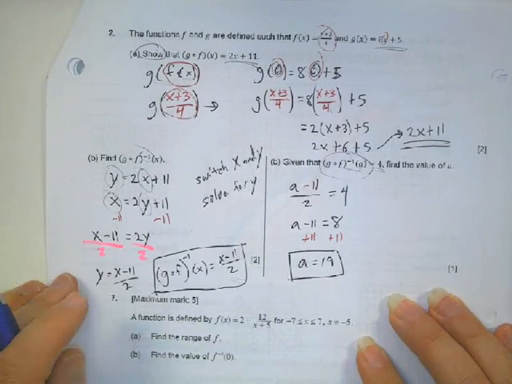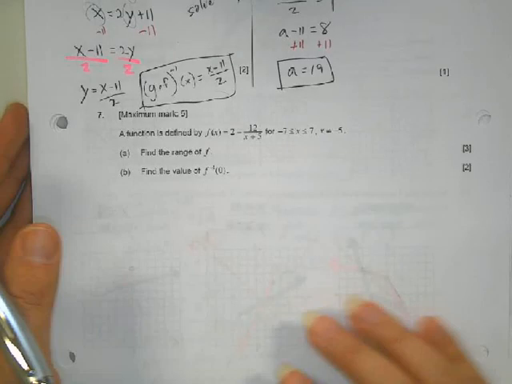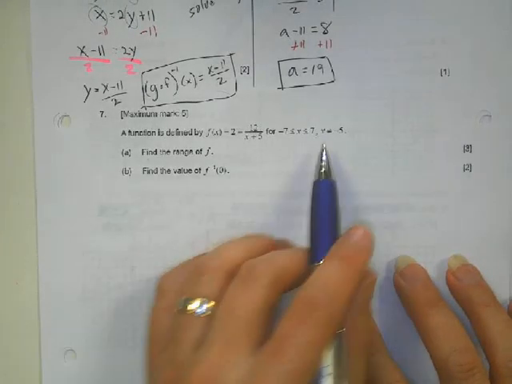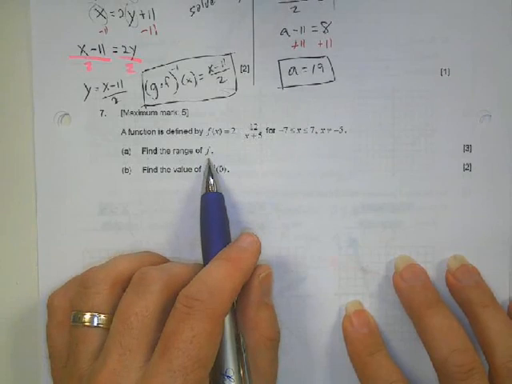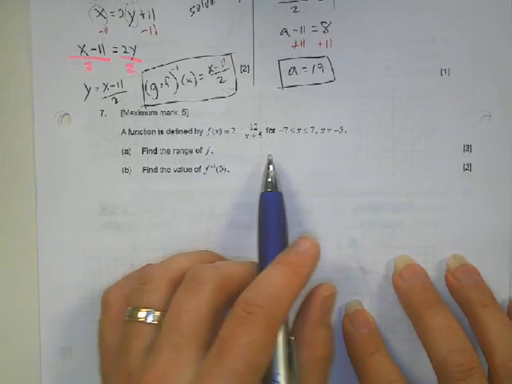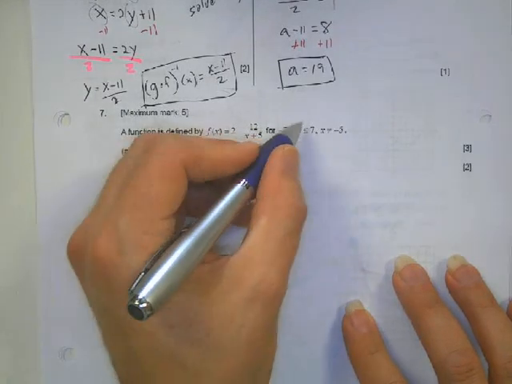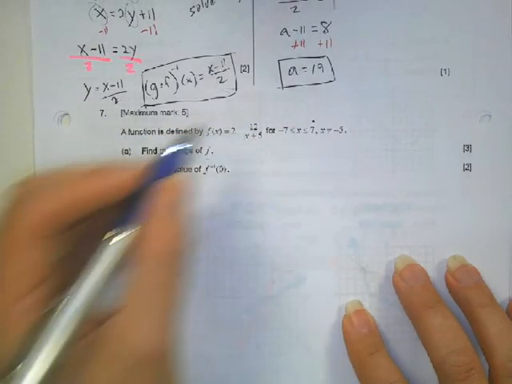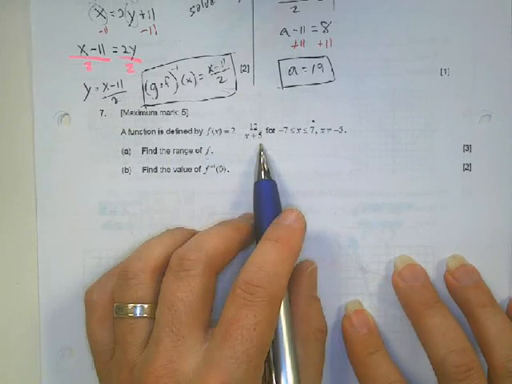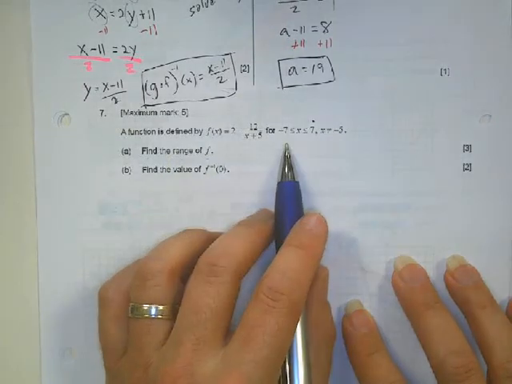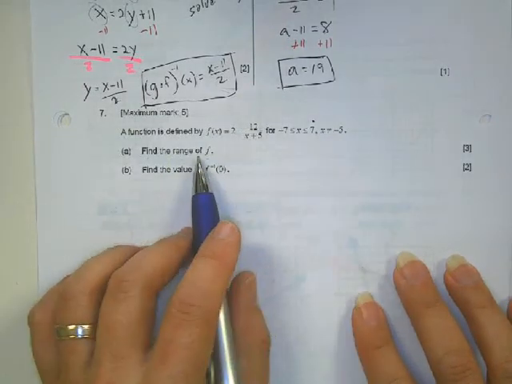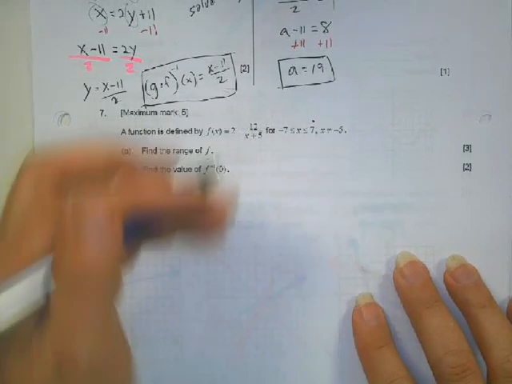Okay, question 7. Find the range. So we know our domain is the range of the original function.